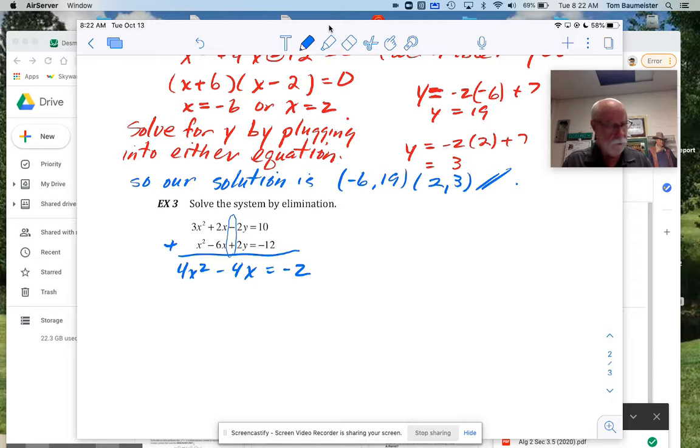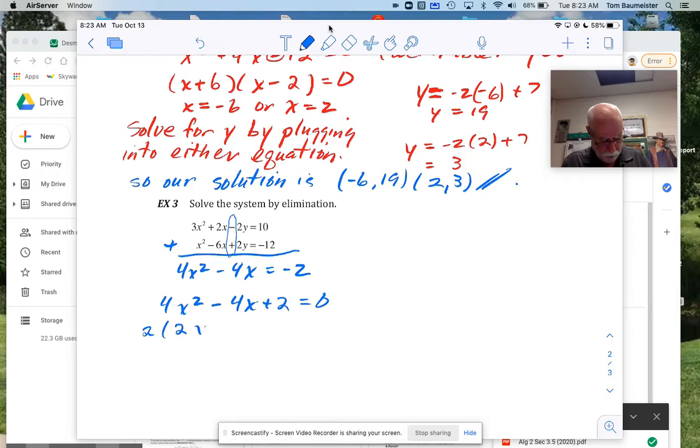Okay? So let's see here. Well, let's just put it all on one side first. 4x squared minus 4x plus 2 is equal to 0. Remember, I said look and see if you can factor something out. Looks like I can factor out a 2.